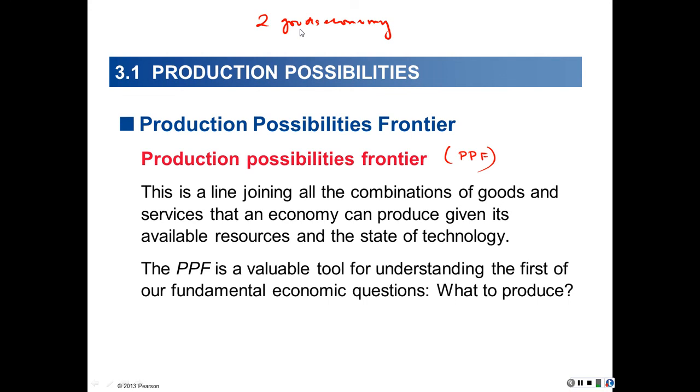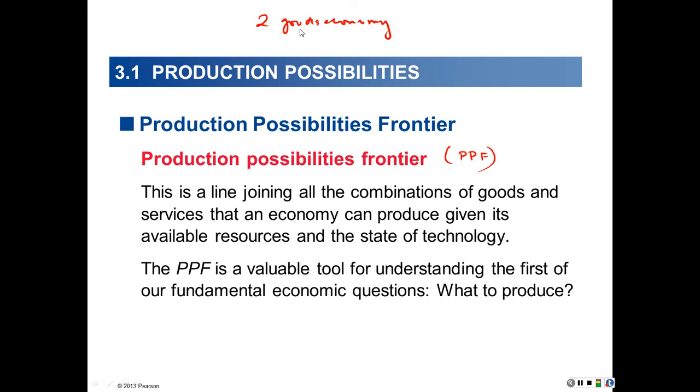And what do we learn about economic models? They are a simplification of reality, correct? Because reality is very complicated. In order to focus on the essentials, economists often make these big simplifications. So this is our big simplification in this case. Our economy here is a two-good economy. Only two goods are produced by this hypothetical economy, right?